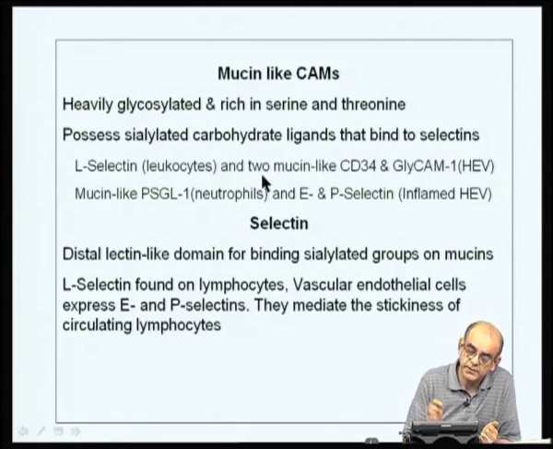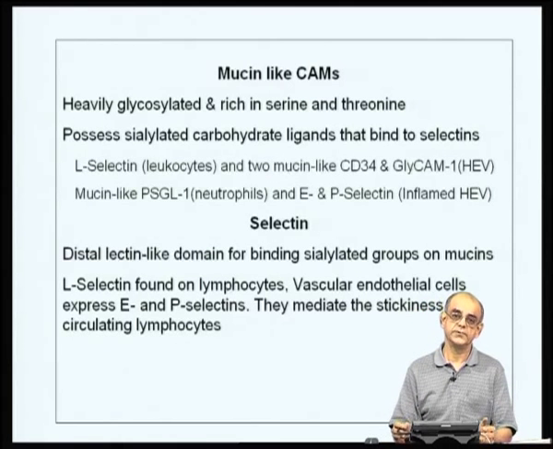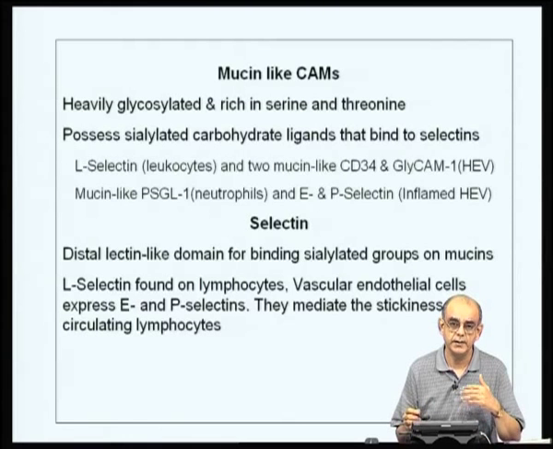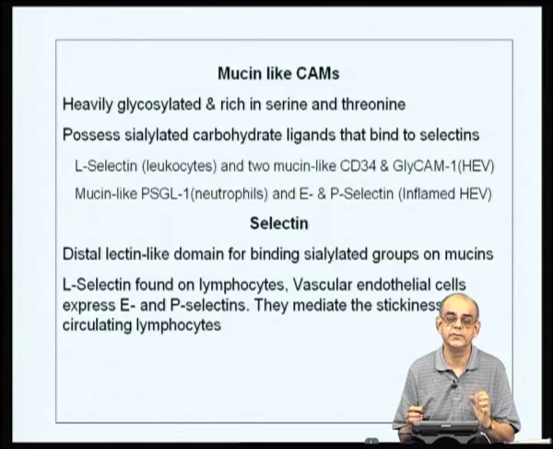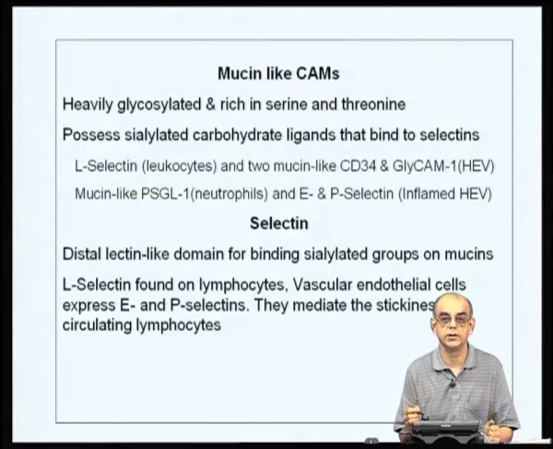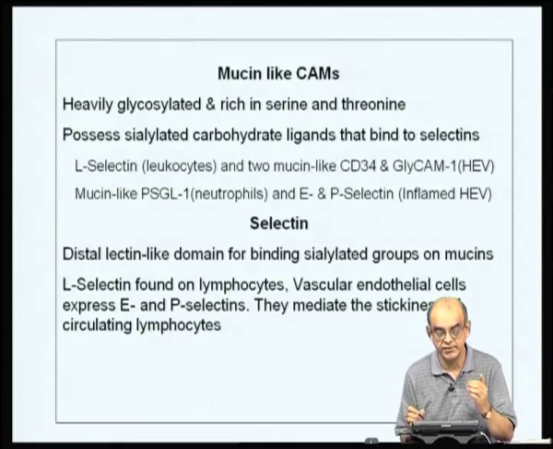Now, the expression of all these molecules can be modulated by various kinds of cytokines. In fact, these are the cytokines that are secreted when these cells are activated via these interactions between these cell surface molecules, which leads to G protein transmembrane signaling, as I mentioned earlier.